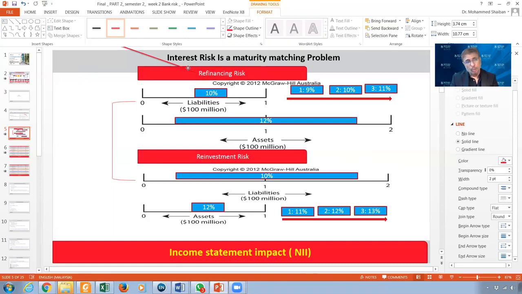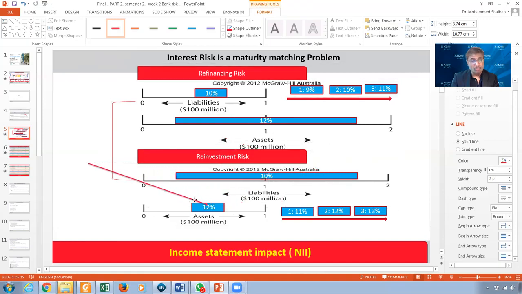Now, let's look at the case from a different perspective. The same 100 million, but this depositor wants to put it with me for 2 years. However, the business company wanted it only for 1 year. Now, for the second year, this guy will receive from me a 10% fixed rate for 2 years.